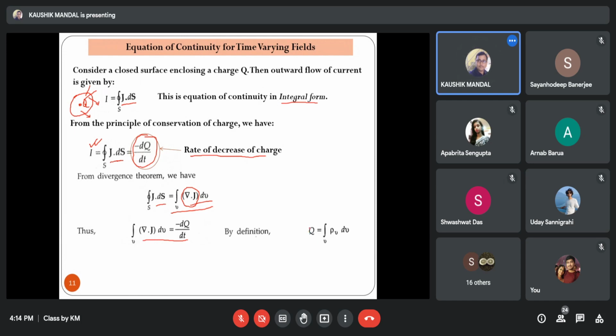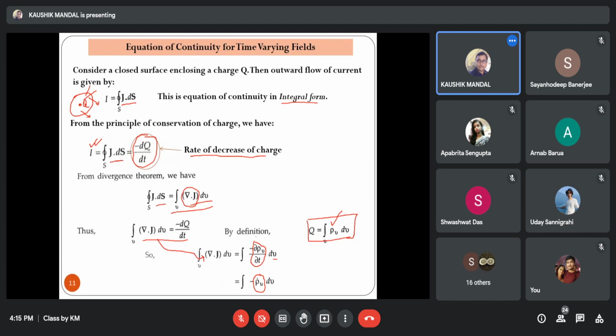Now, by definition, how can we find the total charge? From the volume charge density, it is the volume integral of rho v dv, where rho v is the volume charge density. So from these equations, we can write that the integral of divergence of J dv equals minus dQ/dt, and Q is the integral of rho v, so it is the integral of ∂rho v/∂t dv. Now this particular term, d/dt of rho v, is nothing but rho v dot.